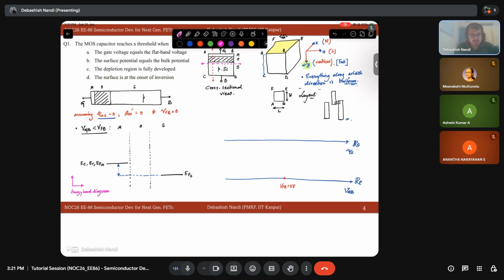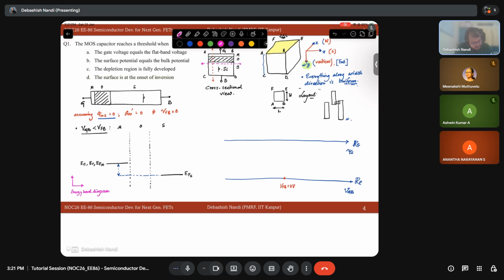Am I audible by the way? Sir, y-axis is the energy difference. What is x-axis? You can just look at the diagram and tell, right?